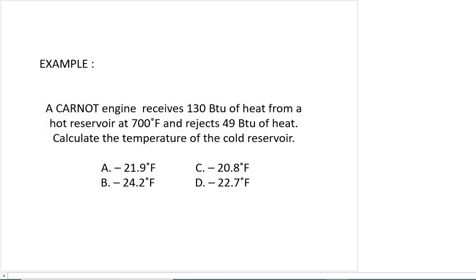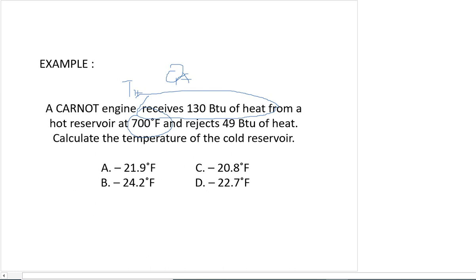Example kaagad. So example, a Carnot engine receives 130 BTU of heat. So heat added yan kasi receive. QA yan. From a hot reservoir or boiler o kung ano pa man yan na heat reservoir, at 700. High temperature yan kasi sa heat added doon yung TH.